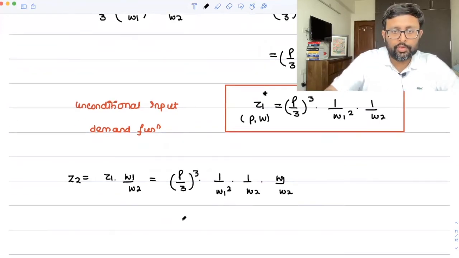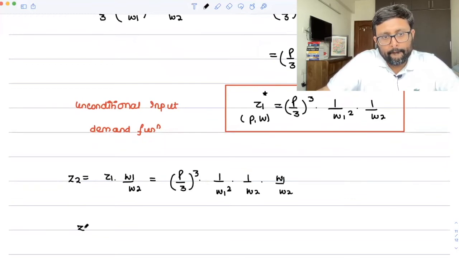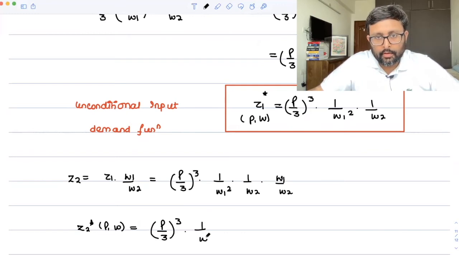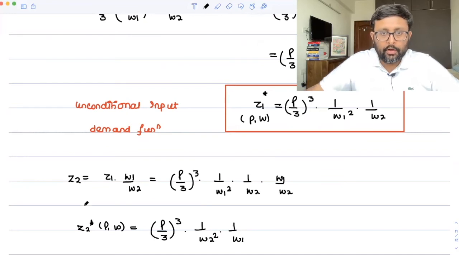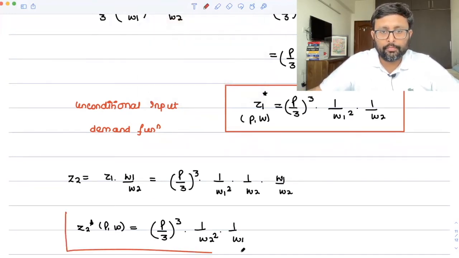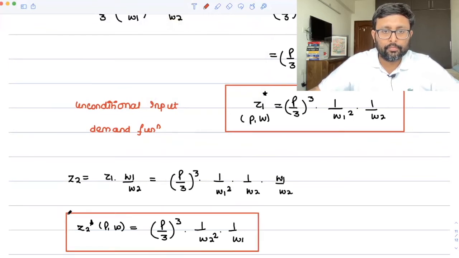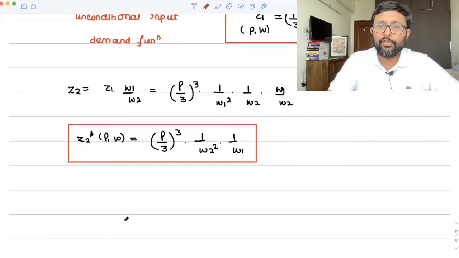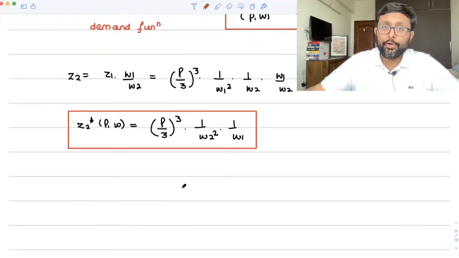So when you write it properly, this is 1 upon W2 square into 1 upon W1. So this is the unconditional input demand function for input 2.